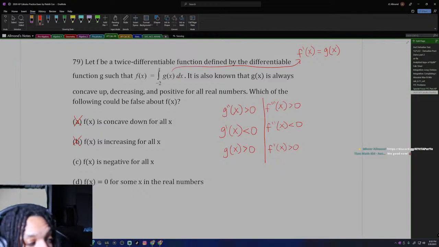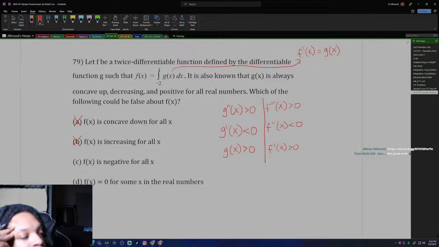F of x equals 0 for some x in the real numbers. This one is kind of tricky. If G is always concave up, decreasing and positive, which of the following could be false?